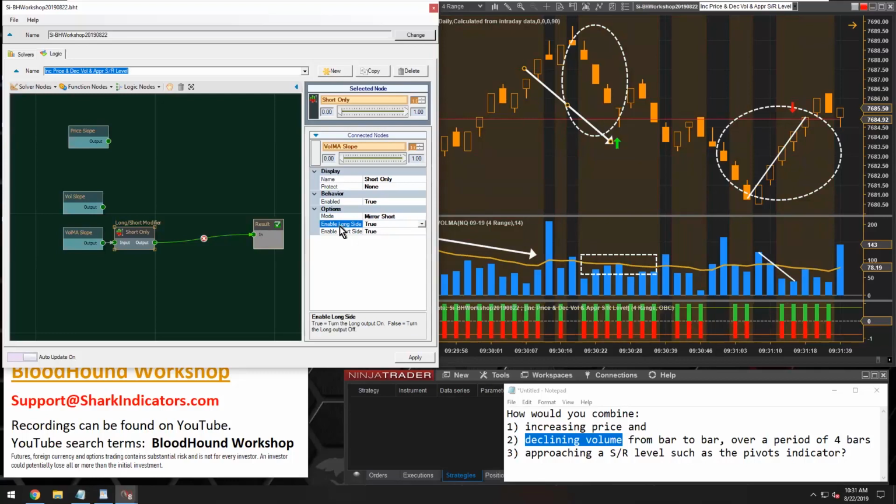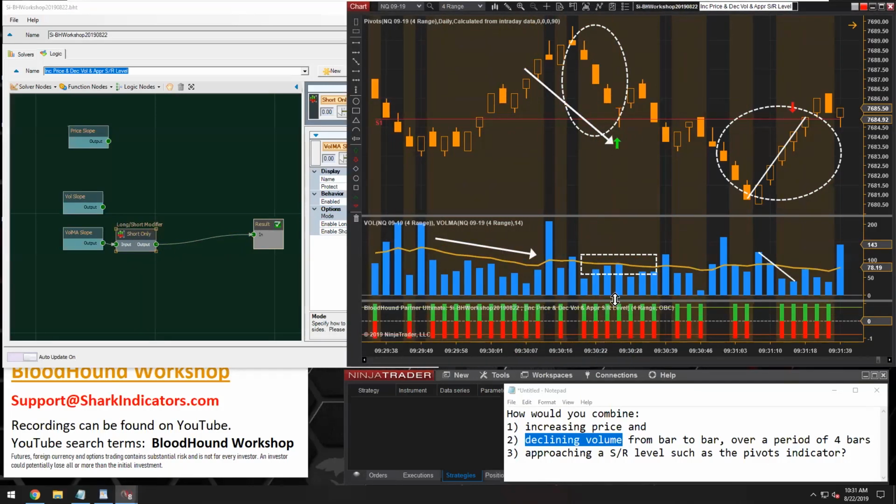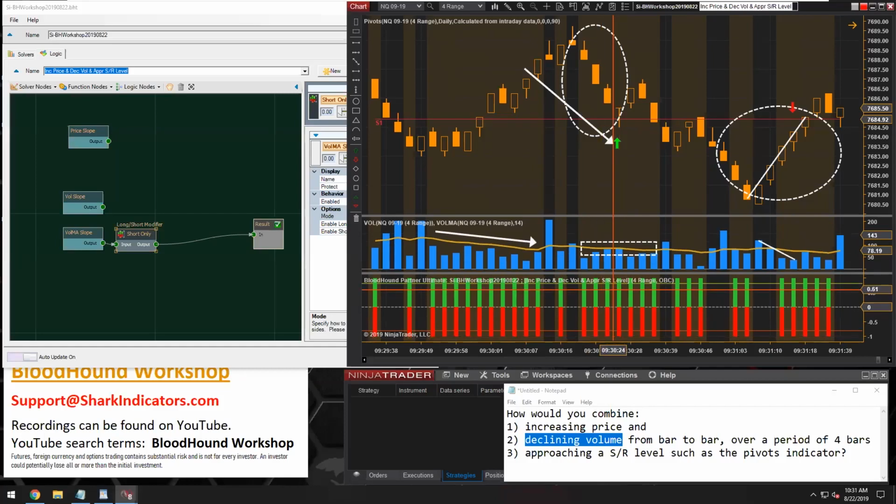So we need to leave the enable long set to true here, and we can just use the mirror short side, and that basically did everything for us in just one function node. So there we go. That's what we're looking for. Long and a short at the same time when volume is declining.